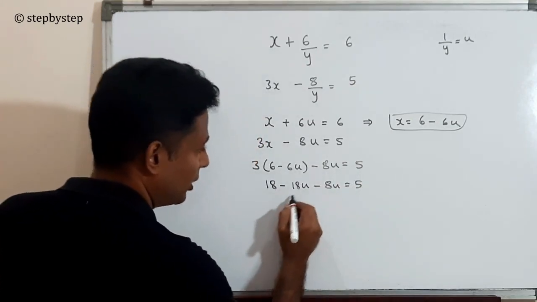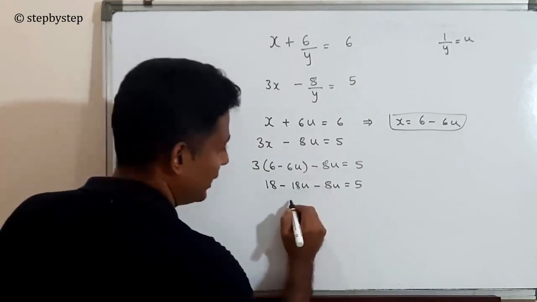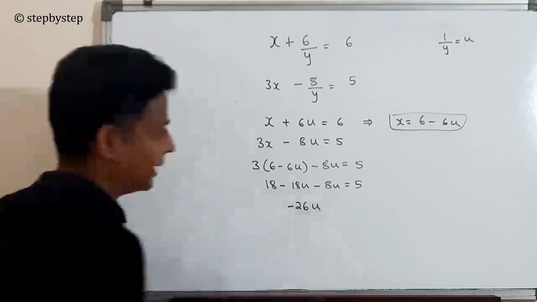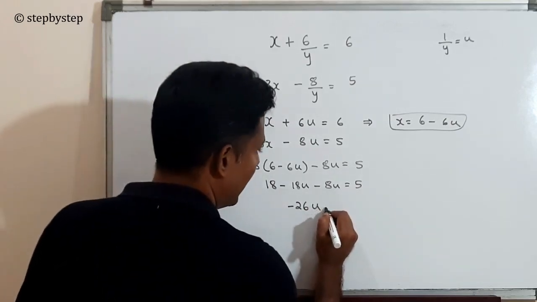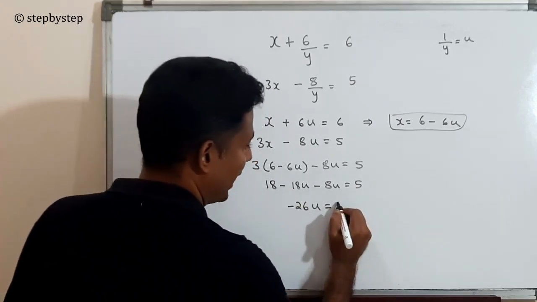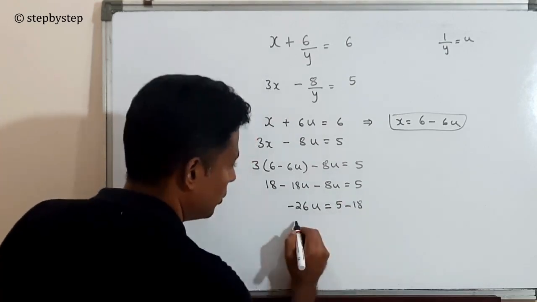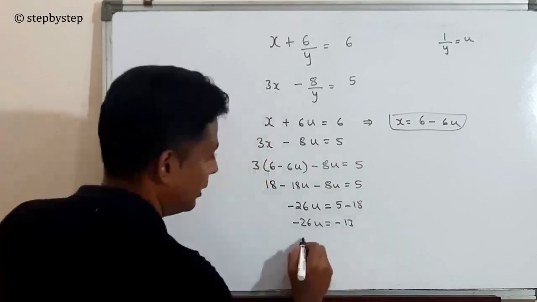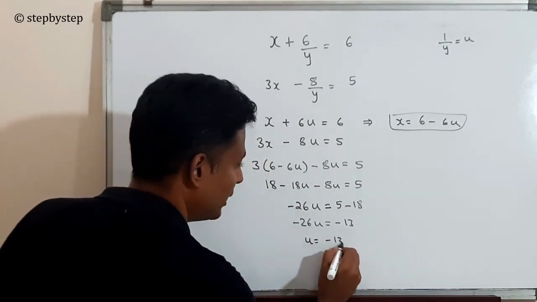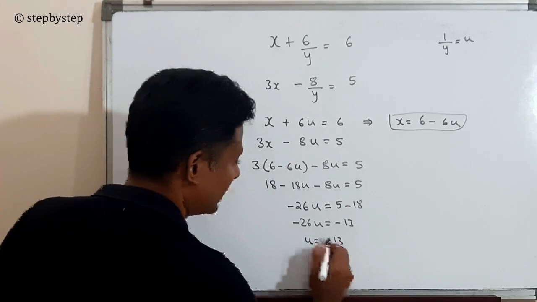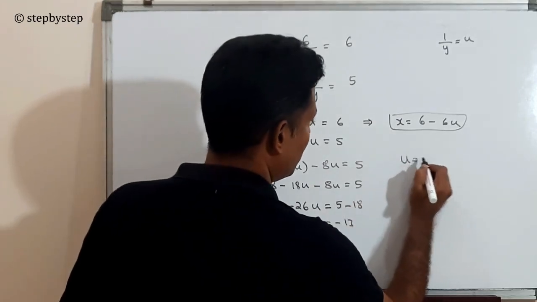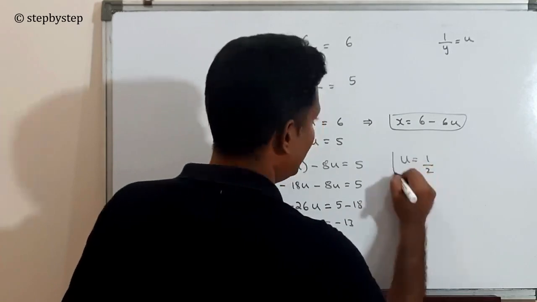I transpose 18 on that side. Minus 18u minus 8u gives us minus 26u, I am guessing. Yes. And this becomes 5 minus 18. So we get minus 26u equal to minus 13. So u equal to minus 13 by minus 26. Minus minus cancels. 13 ones are 13, 13 twos are 26. So what we got? u equal to 1 by 2.